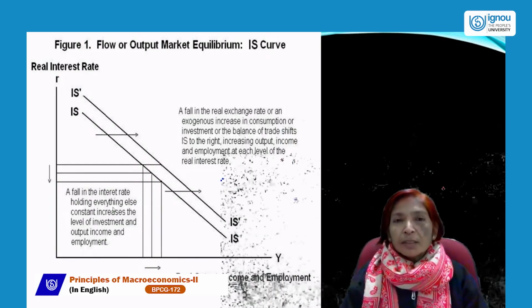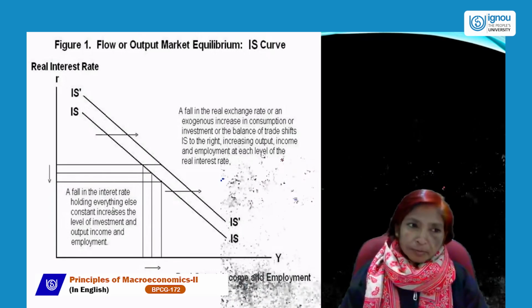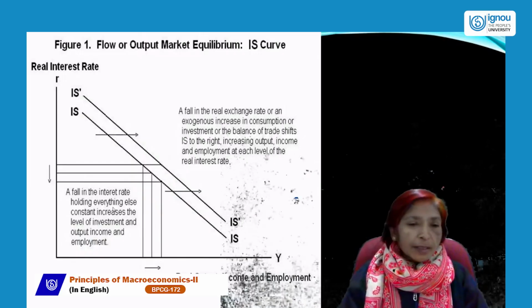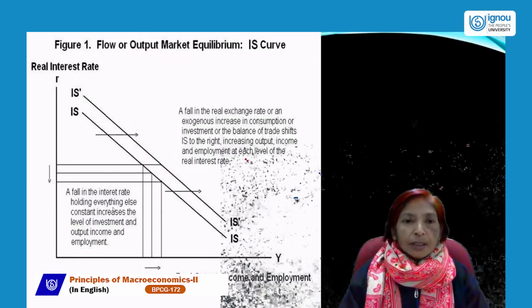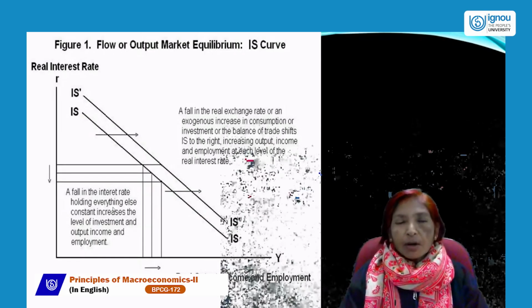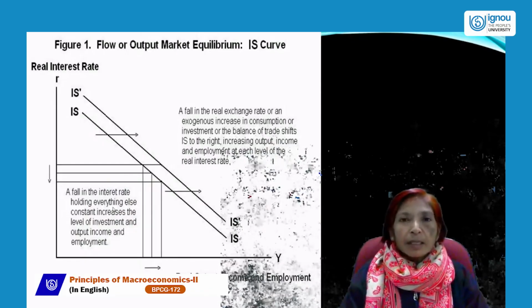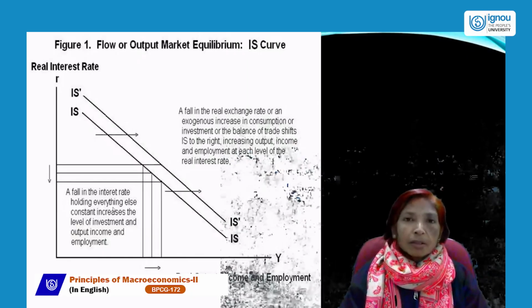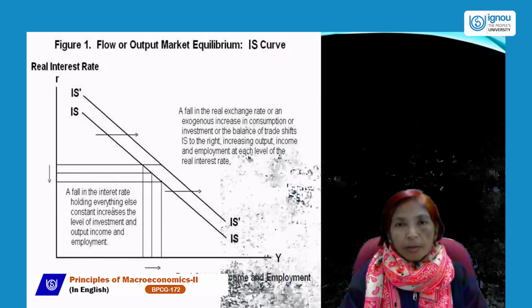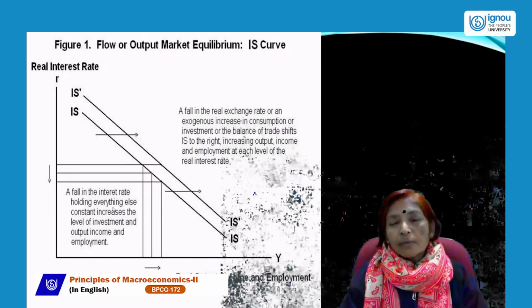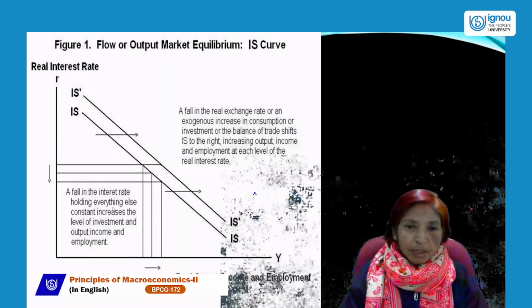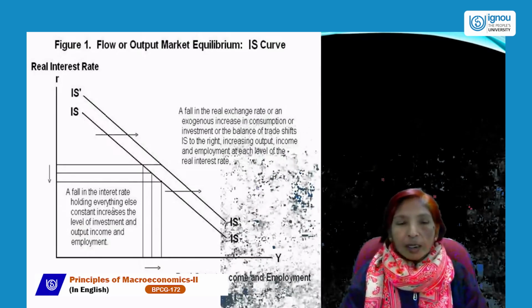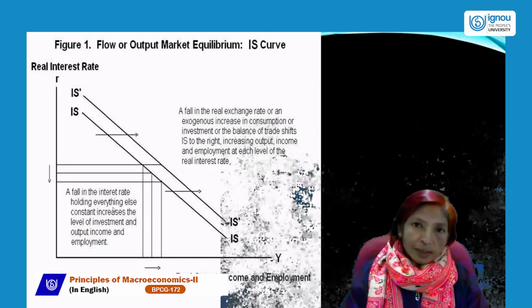So this is the shift in the IS curve. It can shift right or left depending upon a change in the real exchange rate, or an exogenous increase in consumption, investment, balance of trade, or government expenditure, which shifts the IS curve to the right. And a rightward shift increases output, income, and employment, and vice versa.